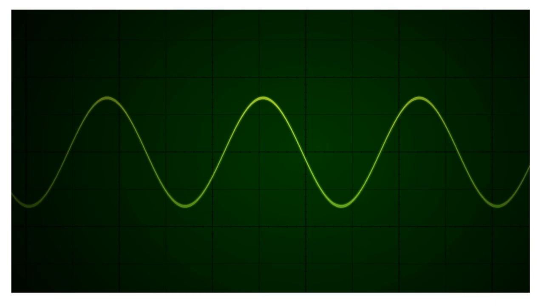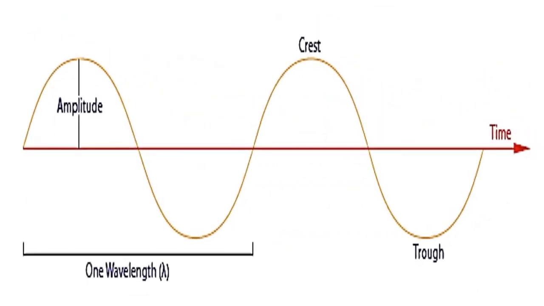This is how a simple wave is represented diagrammatically. Here, the parts of the wave are not labeled, but don't worry, we will be learning them in detail later in this video. If you look here, a few parts of the wave are labeled.